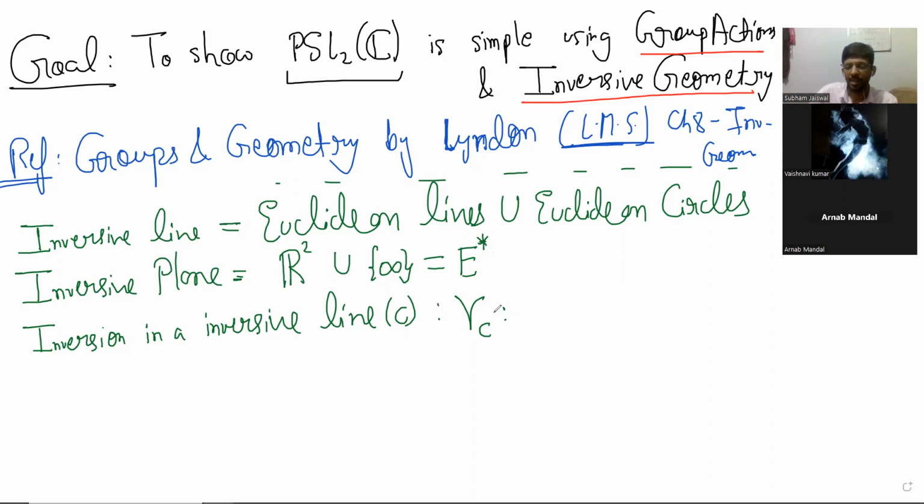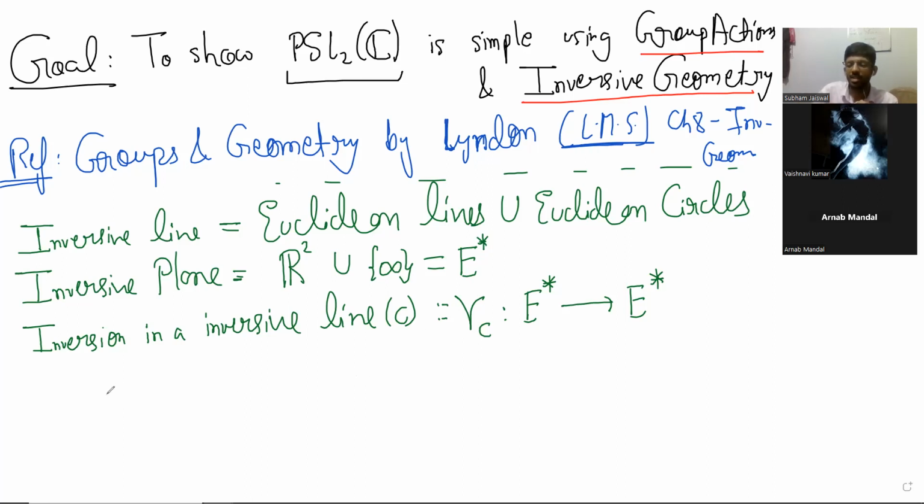The definition of this is a function from E star to E star. I can write a formula for the function, and you can write it, but I will not; I'll describe it in geometry. And we will make a group out of these functions. But first, what is this function?